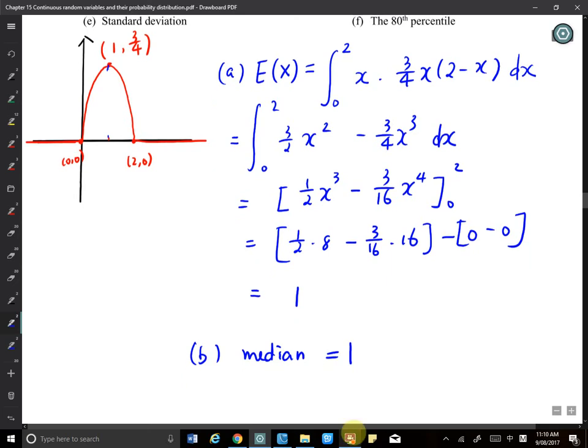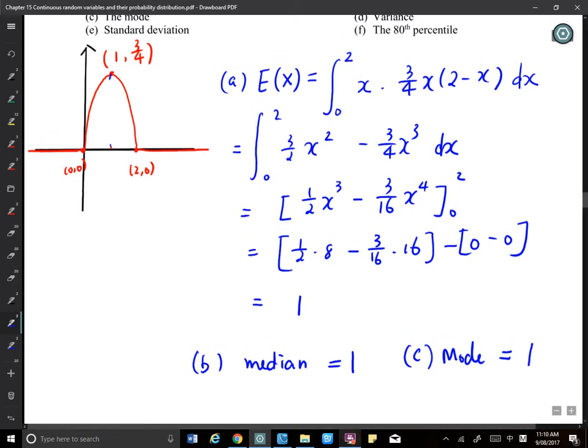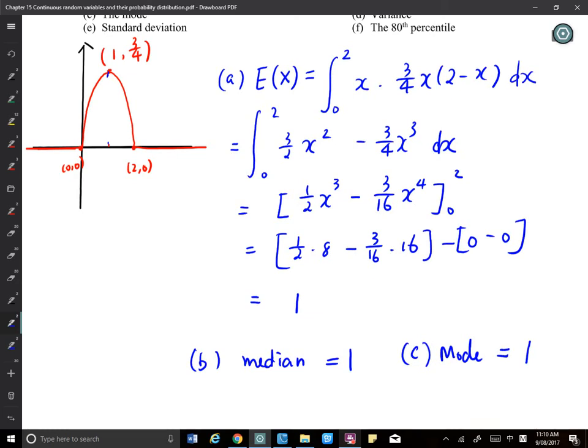C, what is the mode? 1. The highest point is 1, 3 on 4. Median, mode, and mean are all the same point. That's because this graph is too symmetrical. It's too perfect, the shape. So that's why they all exist at the same point.